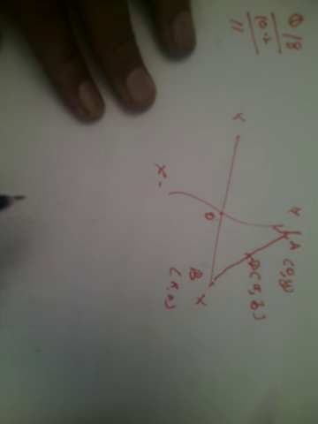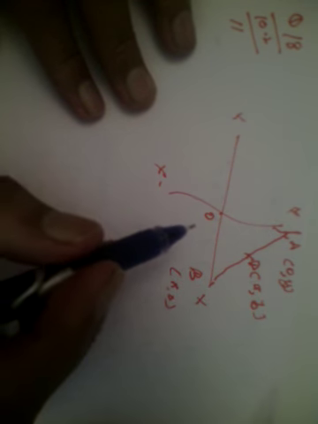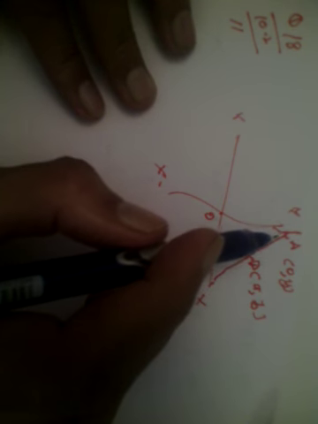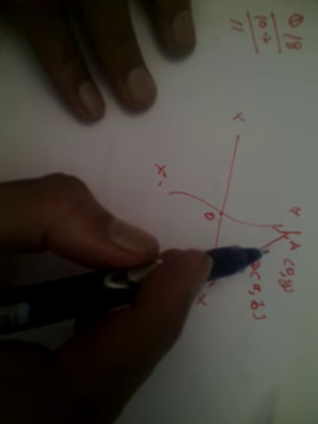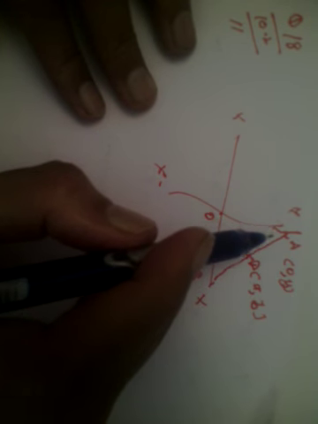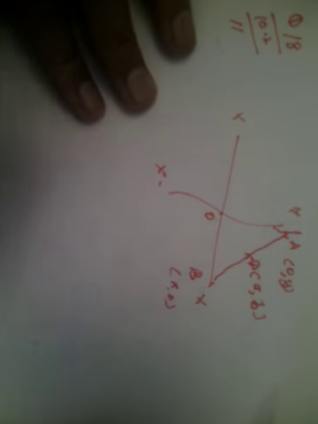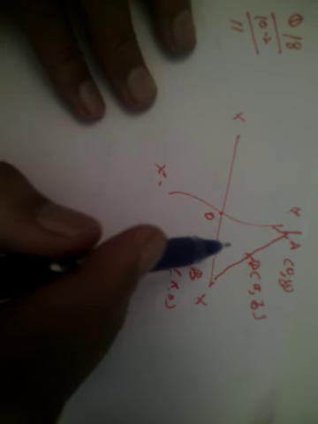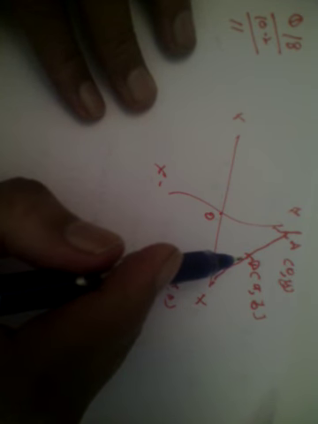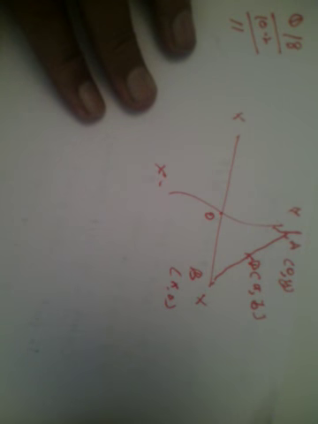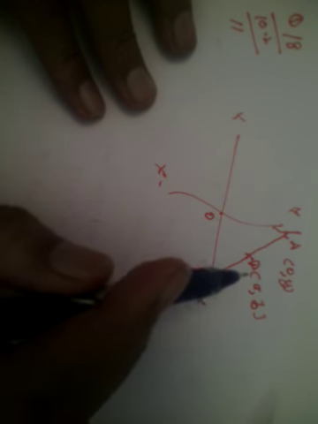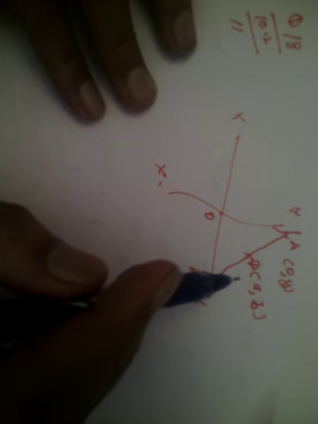So now we know the coordinates of A and B, and we can find out the midpoint of line AB. Also in the question, the midpoint is already given, P has coordinates (a, b).